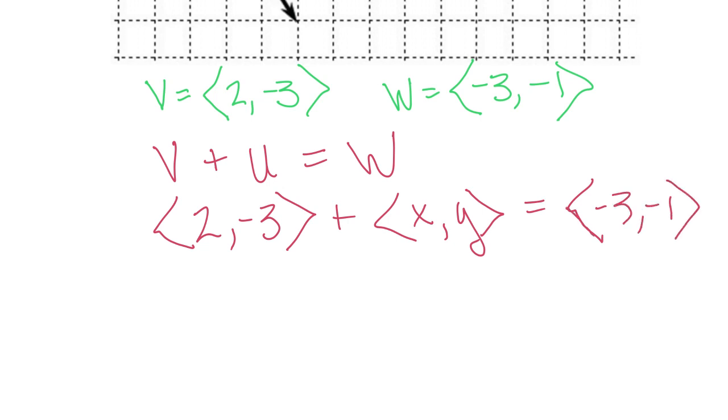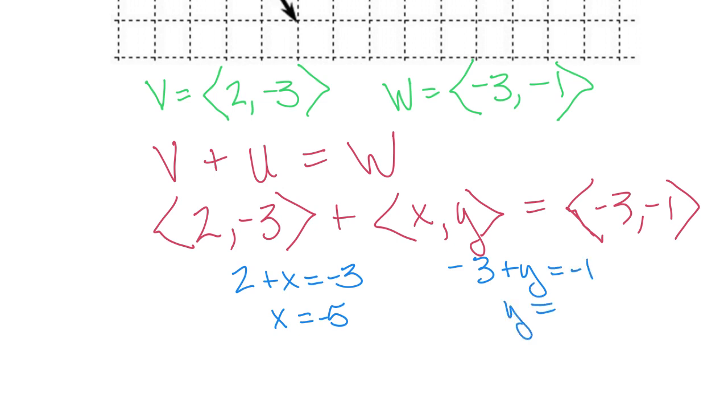If we put it that way, that's not so bad, right? Mathematically, this is really 2 plus what gets me negative 3. Subtract 2 from both sides, I get negative 5. And negative 3 plus what gets me to negative 1. Adding 3 to both sides, I get a positive 2. So my U vector is going to be negative 5, 2.